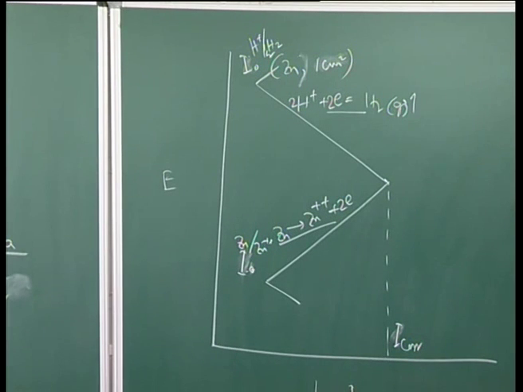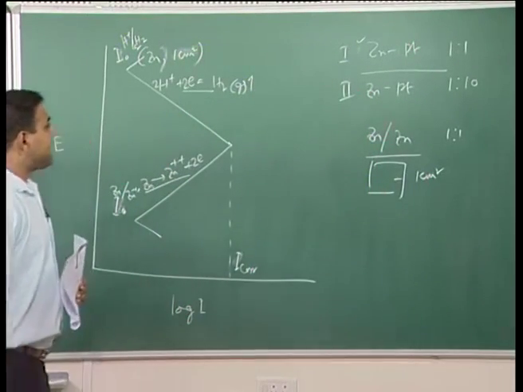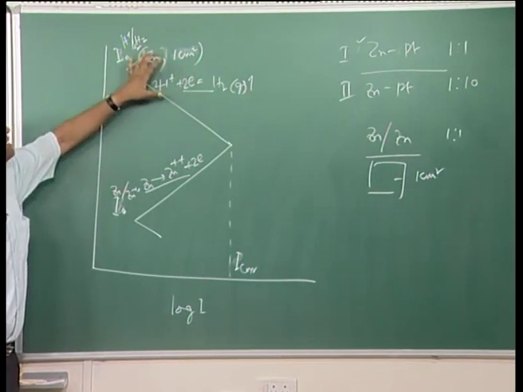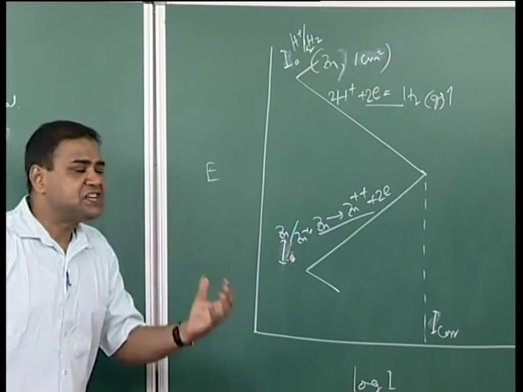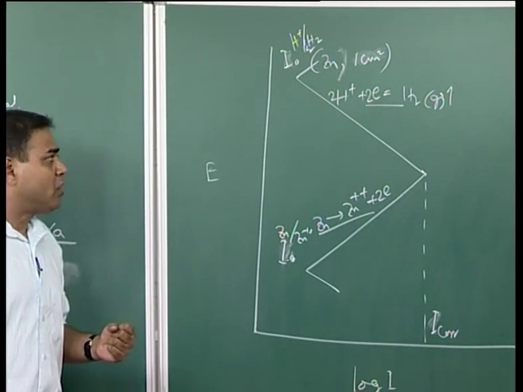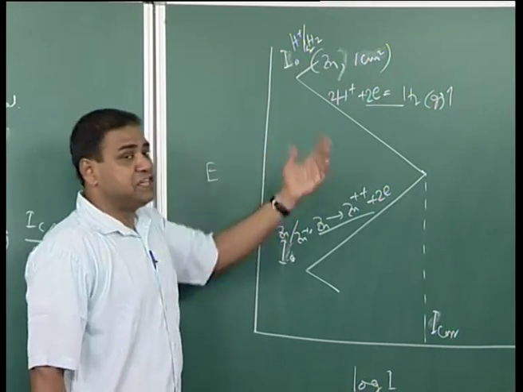Fine, no problem. Now, if we consider this, we have already seen that for the hydrogen evolution reaction on platinum, the I0 or exchange current density is very high compared to the exchange current density on the zinc surface.